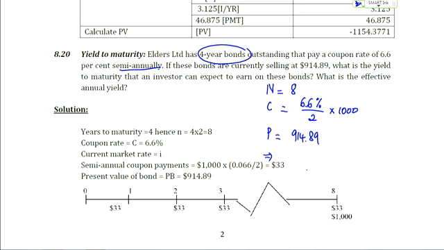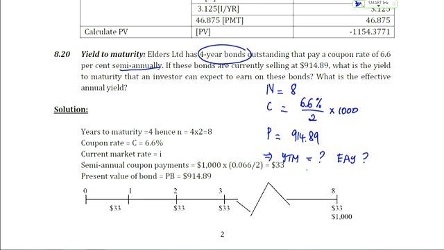So they ask you to calculate the yield to maturity of the bond and the effective annual yield. Okay? And of course, the face value is $1,000. It is not mentioned in the question, but it is $1,000 by default. Okay? So how should we do? You do have the information here.